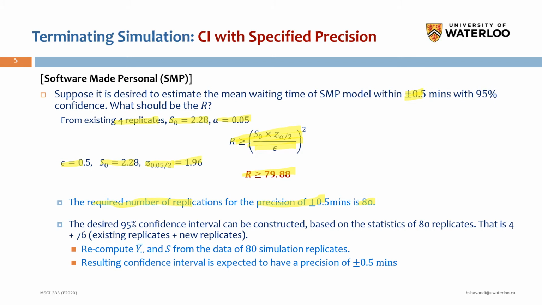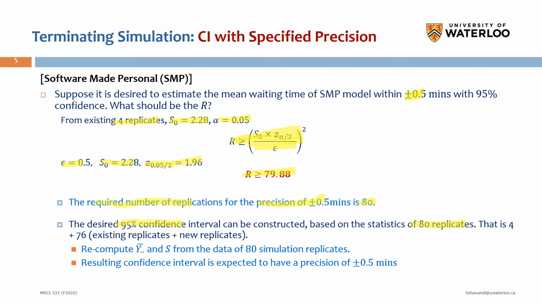Okay, so then the desired 95% confidence interval can be constructed by having the statistics obtained by the 80 replications, not with the 4 replications.